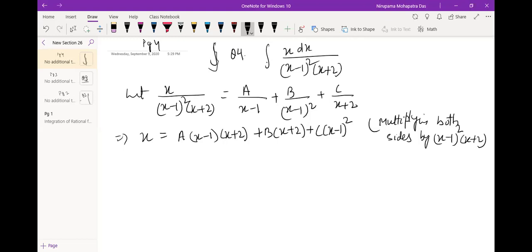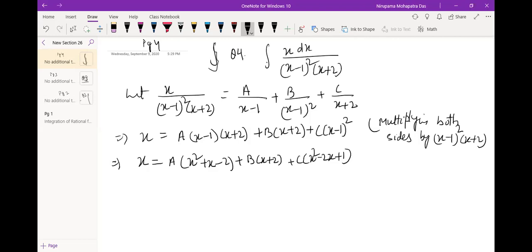So I will tell you a very shortcut method. Whenever you have such things, you can equate the coefficients also. That is a valid method actually. So a into (x square plus 2x minus x, means plus x, then minus 2), plus b into (x plus 2), plus c into (x square minus 2x plus 1).